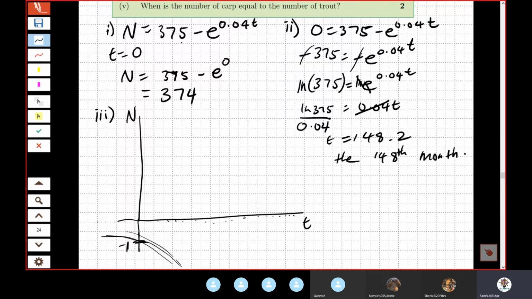Now what happens when you do 375 plus all of this? Move it up. So what's -1 plus 375? 374. And then where's your asymptote? See, that's what I wanted to hear. That tells me you actually understand what's happening to the sketch.